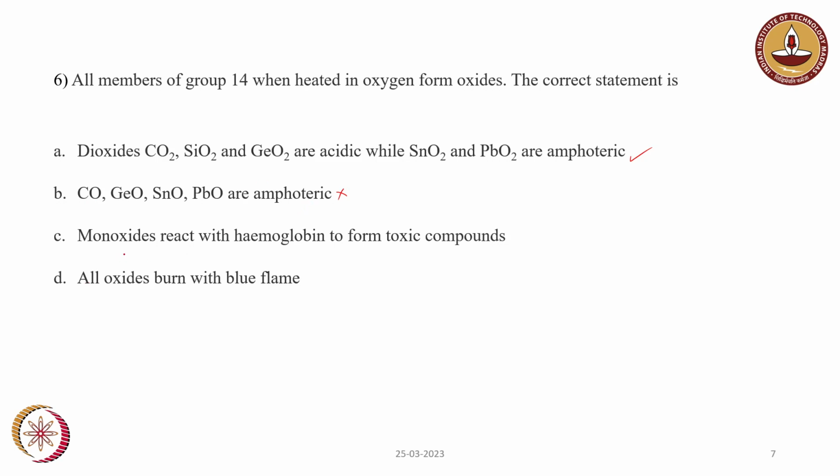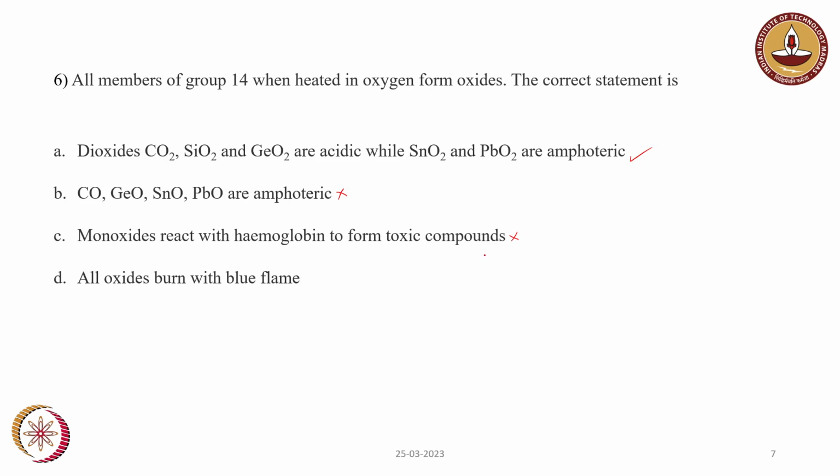And option C is monoxide reacts with hemoglobin to form toxic compounds. So the statement is incorrect because when carbon monoxide gets into the bloodstream, it bonds with the iron of the hemoglobin, and it's not forming a toxic compound. Instead, the bond is so strong that the release of CO back will not be possible.